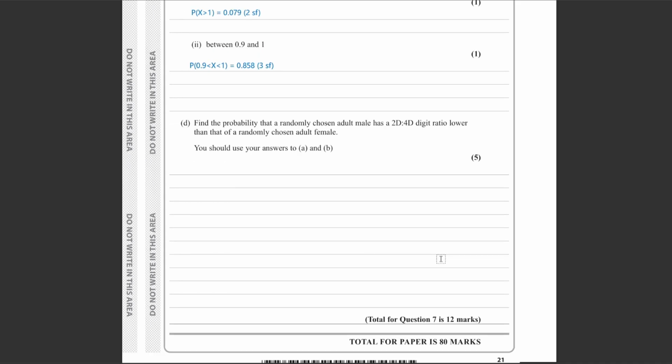In question D, we need two distributions for male and female, and we are looking for the probability that male is lower than female.